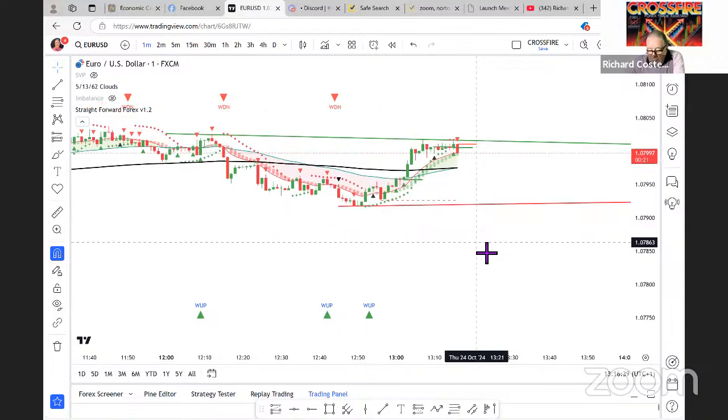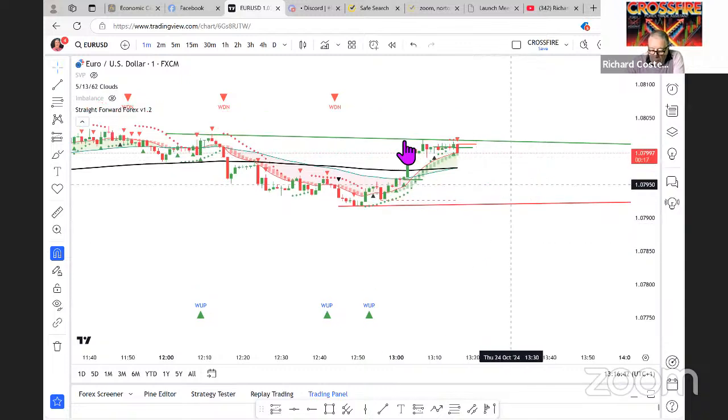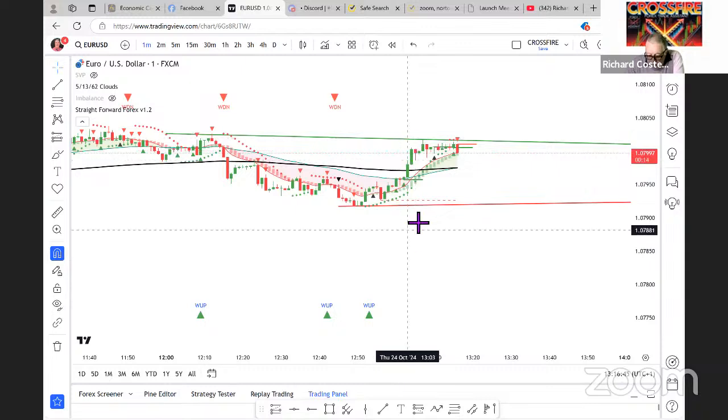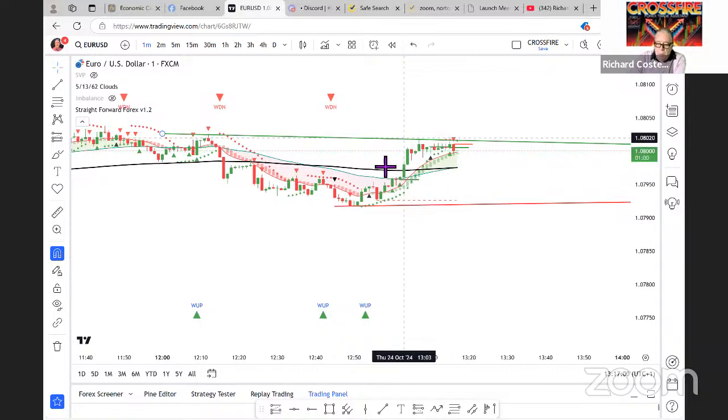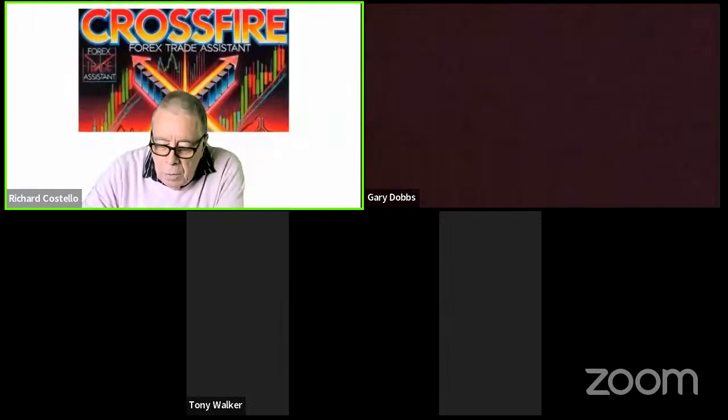So we're looking at almost parallel. The red trend line has a very slight incline on it. It's almost horizontal. The green line has a little bit more incline on it, but not quite parallel.